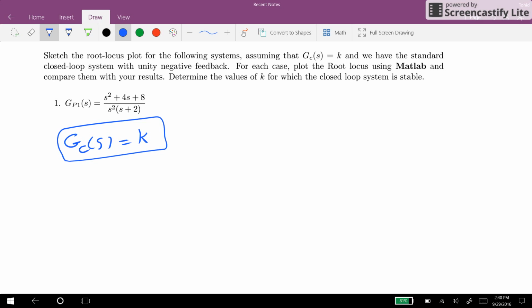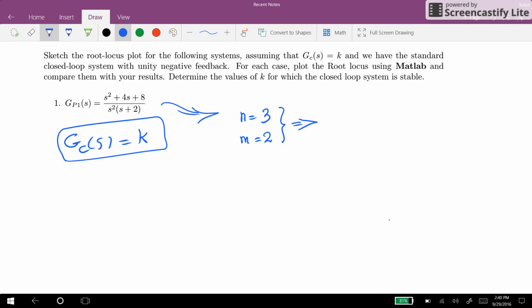So let's start by determining the order of the numerator and denominator for this system. We have n equal to 3 because we have 3 poles, and we have m equal to 2 because we have 2 zeros for our L of s, or for the open loop system.